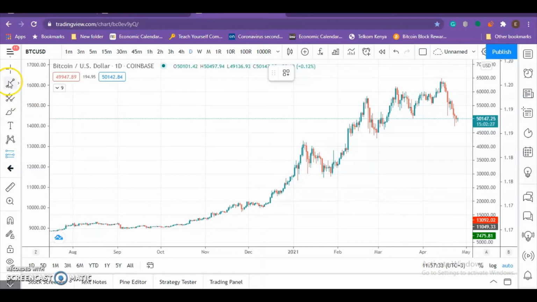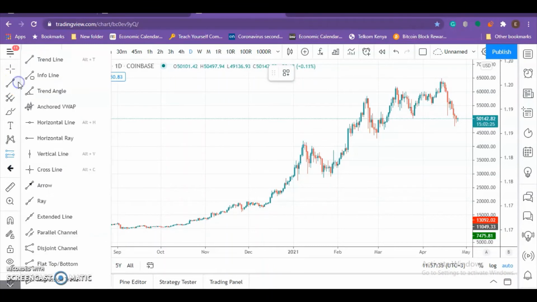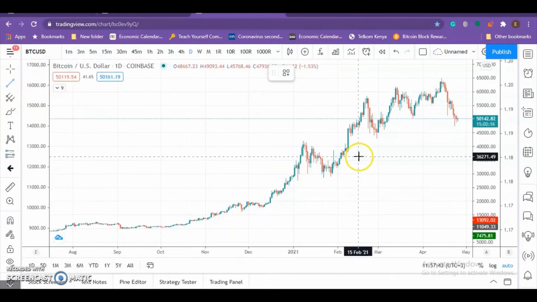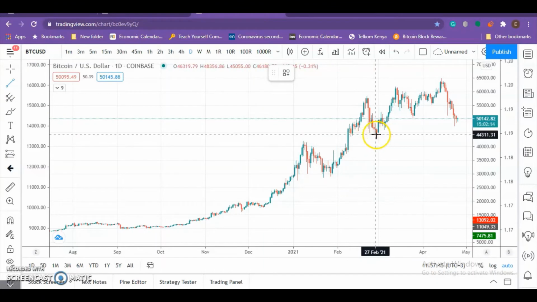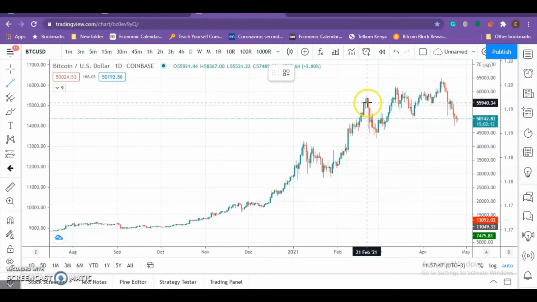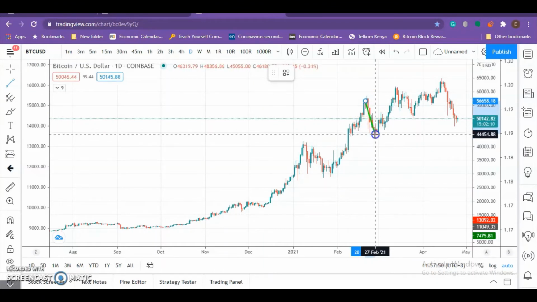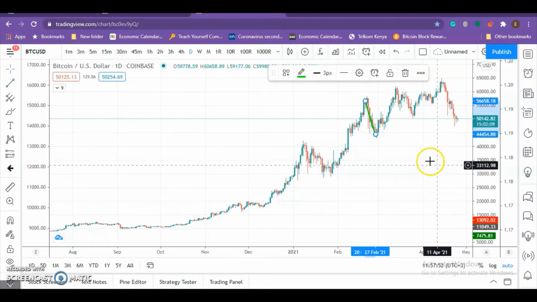But one thing I'd like you guys to see is the distance in this retracement.